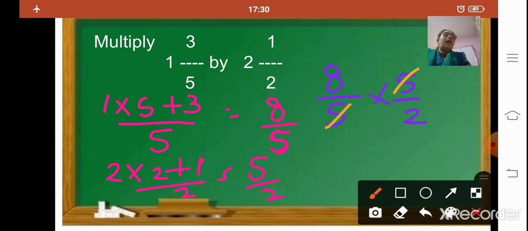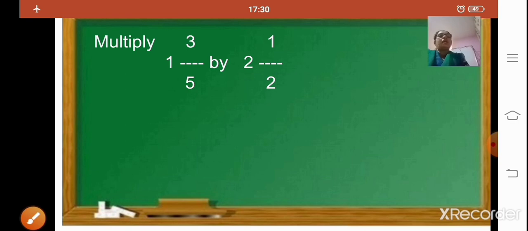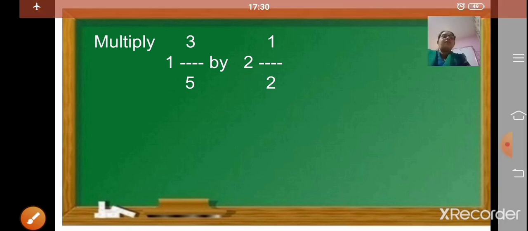Now 8 and 2, 8 is easily divisible by 2, so 2 ones are 2 and 2 fours are 8. So what is your answer? Your answer is 4. Okay, so first cancel whichever common factor is there and then see whether the number is divisible, and then you can just do the cancellation there itself.